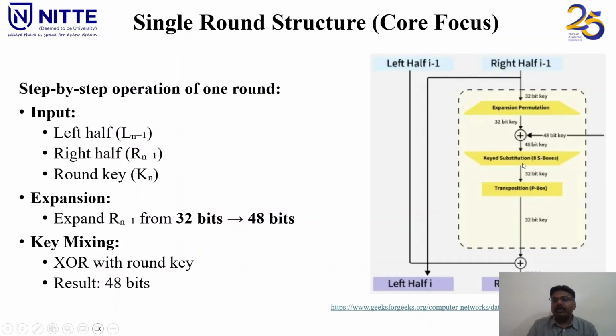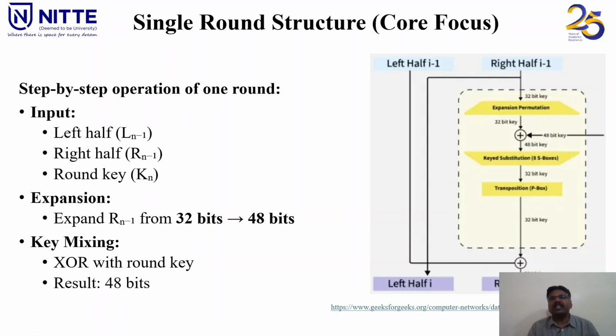Now we perform certain substitutions, making use of 8 substitution boxes. Every S-box takes 6 bits, and those 6 bits are converted into 4 bits. We make use of the standard substitution box.